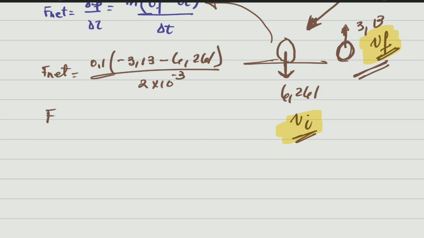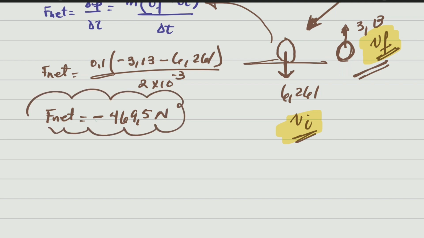And then, guys, it is just calculation here. And when I calculate, I get an answer which is a negative 469 Newton. This is the answer I get. What does the minus mean? This minus here means upward because we say down is positive.